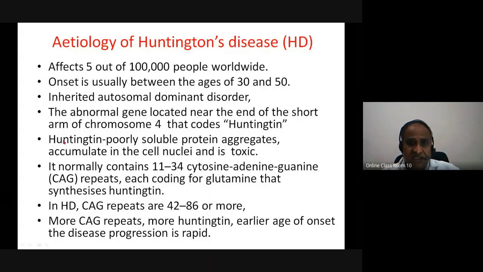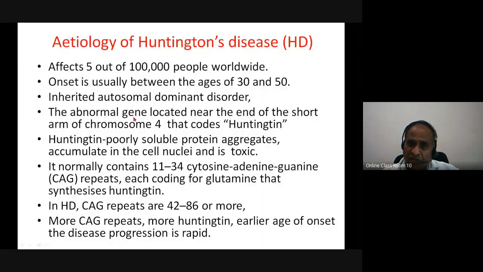This Huntington disease is an inherited autosomal dominant disorder, and it is due to an abnormality in the gene located near the short end, or short arm, of chromosome 4.